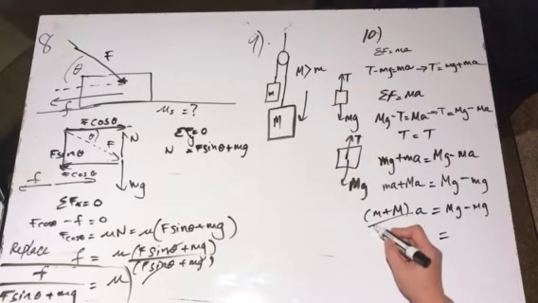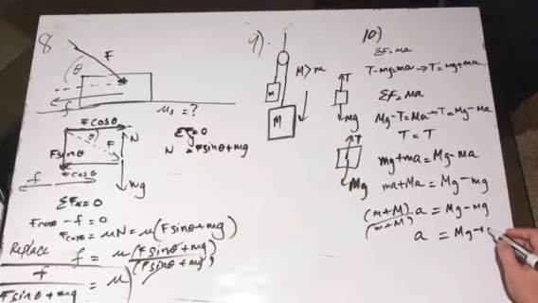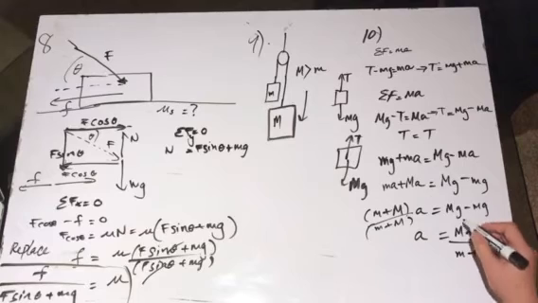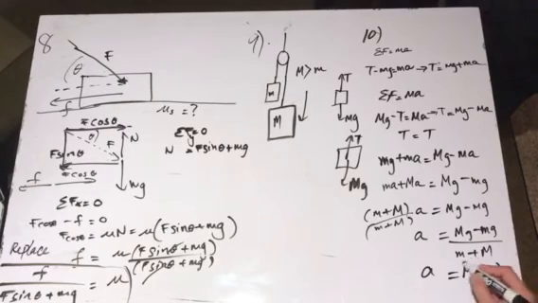So I divide both sides by that. a equals (Mg minus mg) over (M plus m). So isolate this one again: a equals (M minus m) g divided by (M plus m). That's your answer. That's how you figure out the acceleration.